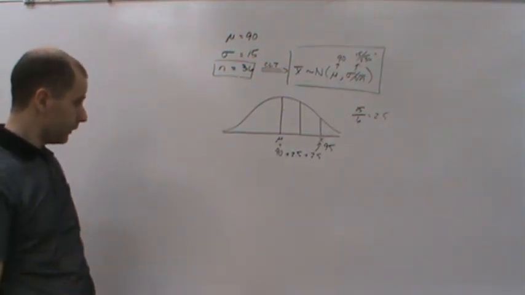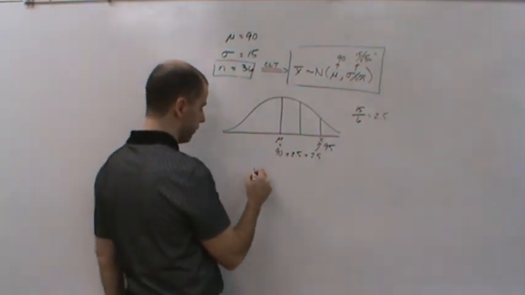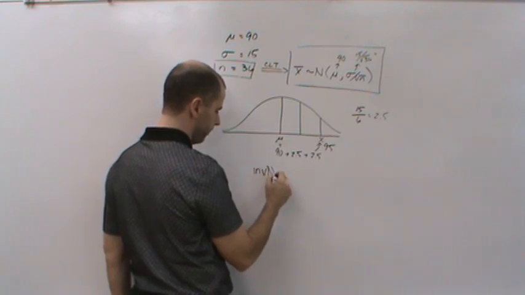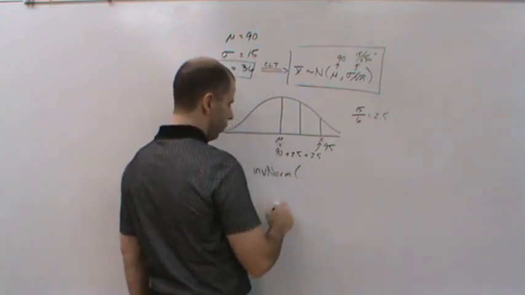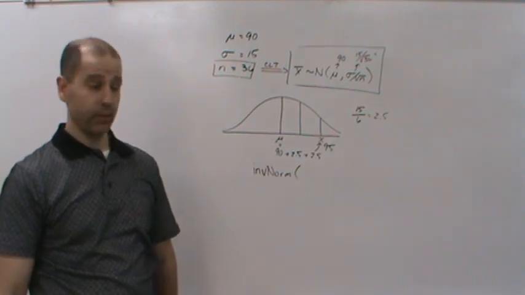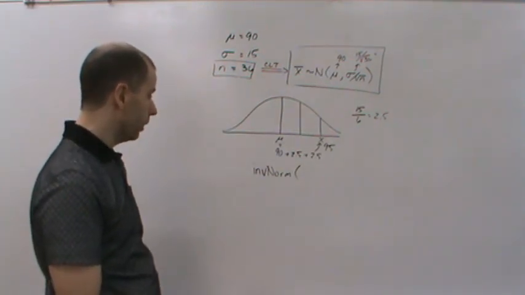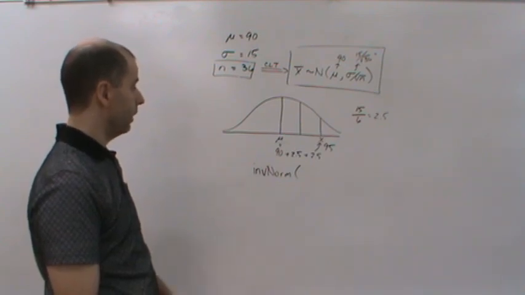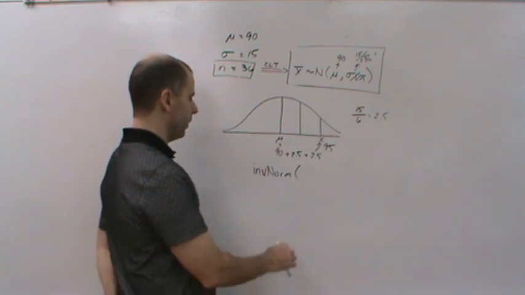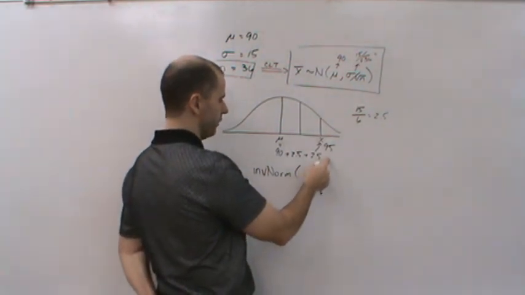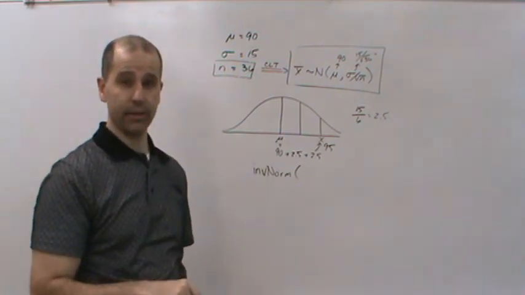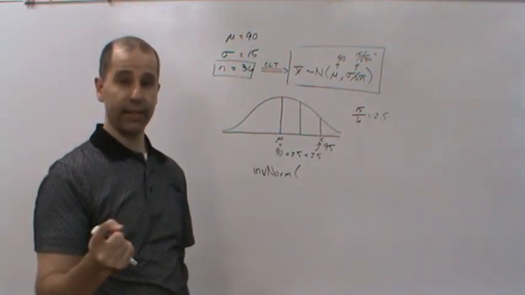Okay? Now, we could have also used inverse norm, but this was the easy one. So with inverse norm, what do we have to do? We have to put in the area to the left. Well, we could use the empirical rule here, right? So what's the area to the left if we go 2 standard deviations? Well, within 2 standard deviations is 95%, which means that there's 5% left over.